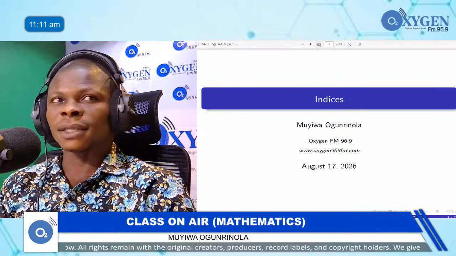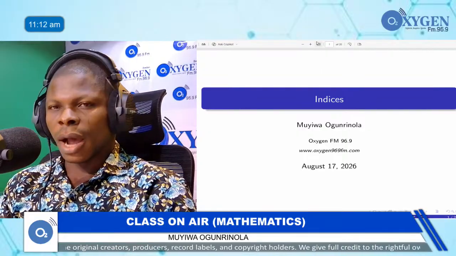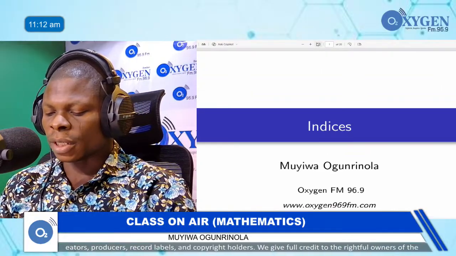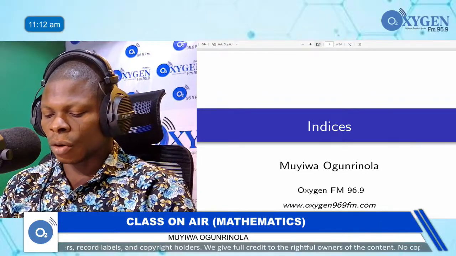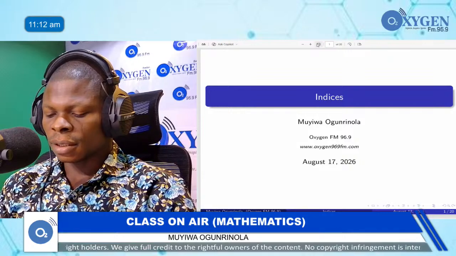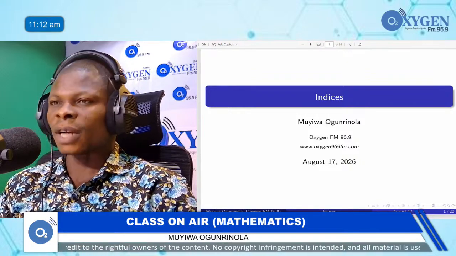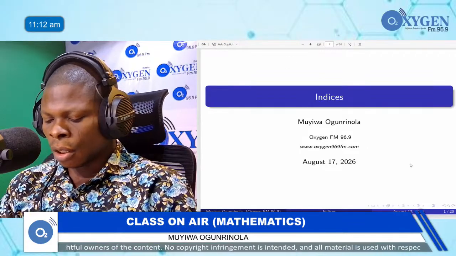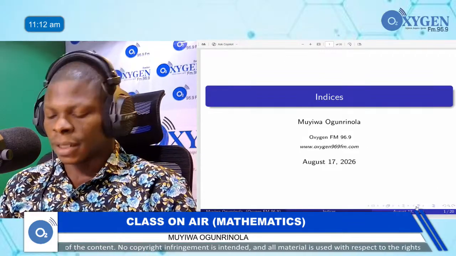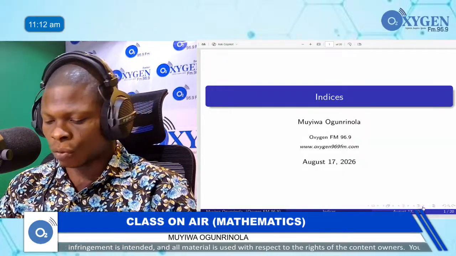In last class, we discussed the laws of indices: the multiplication law, division law, power law, zero index, negative index, fraction law, and fractional index. From that, we talked about the definition of exponential equation, because that's what we did last week.